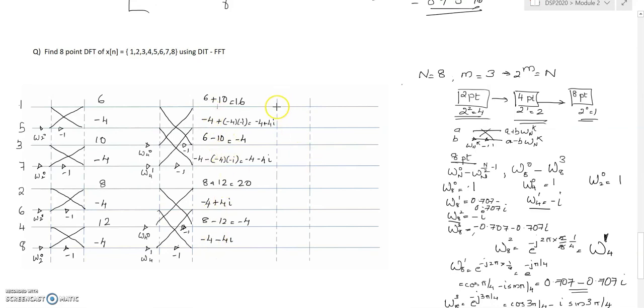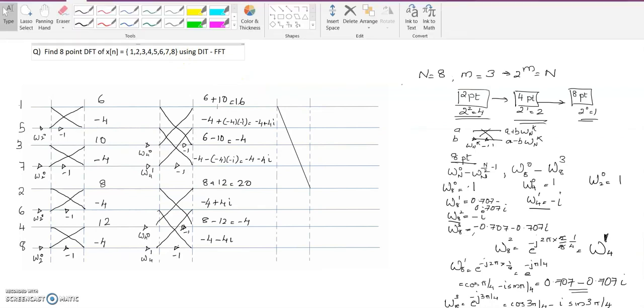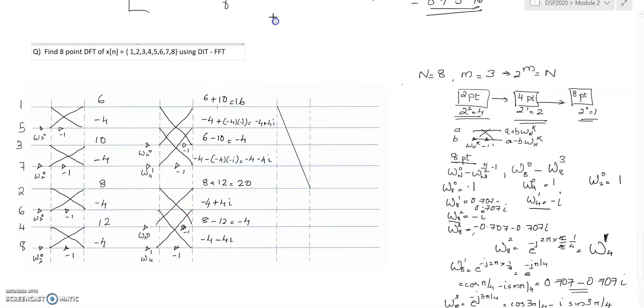So we'll be connecting the first arm with the first arm of the butterfly, and then we have to complete that butterfly, so we'll be connecting the other arm too.